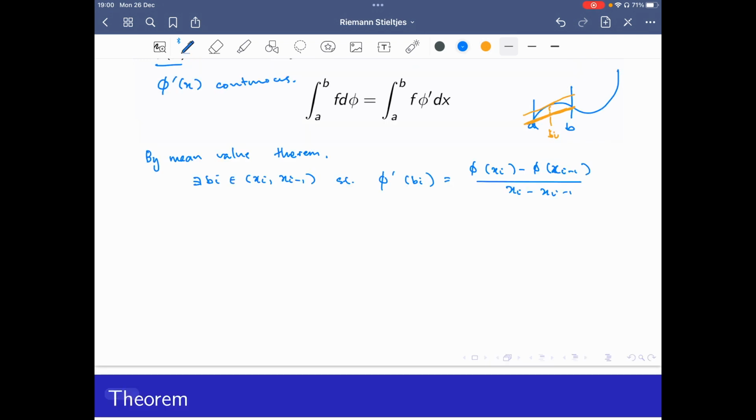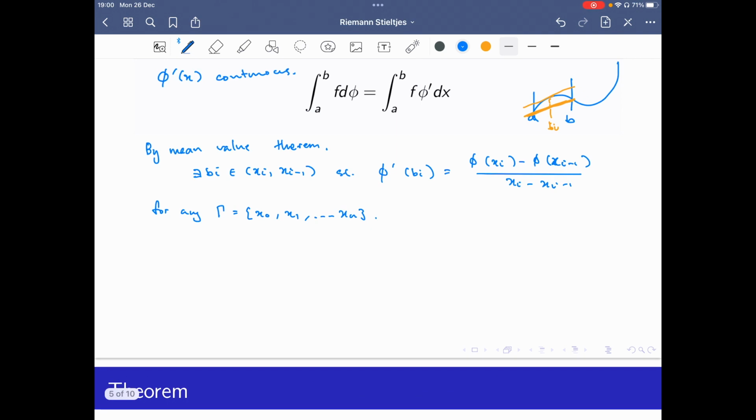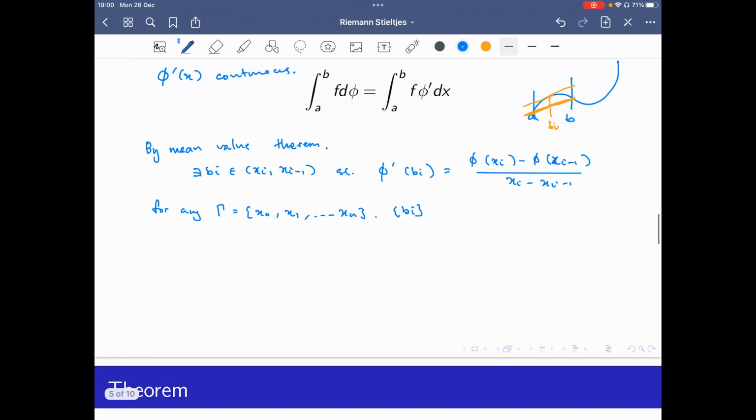Consider partitions. We can always construct such a bi, in terms of a series, where bi is in the interval from xi minus 1 to xi.